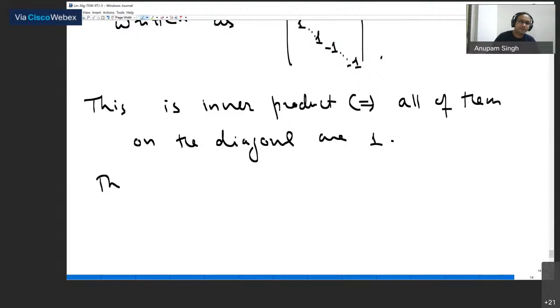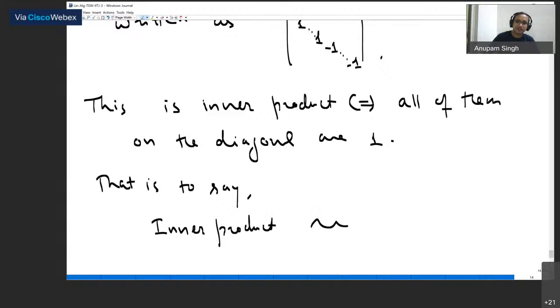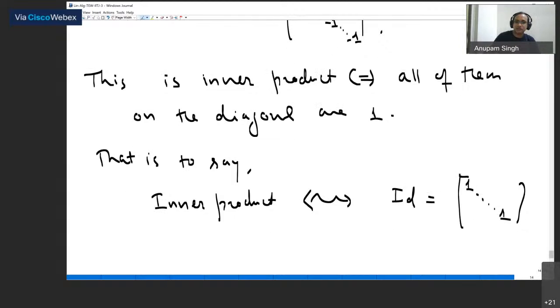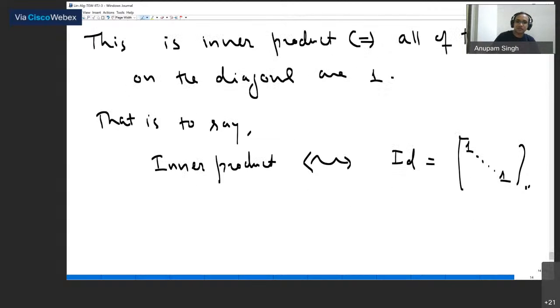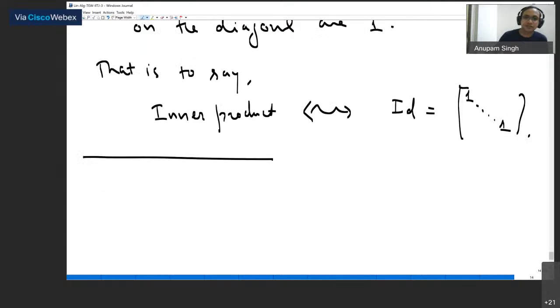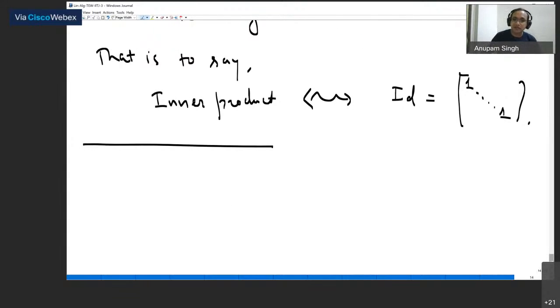That is to say, if we try to find the matrix of the inner product in diagonal form, it will correspond to the identity matrix, 1, 1, 1, 1. Okay, so this is one of the very special situations. Why is this so special? There is a reason why inner product is very important.